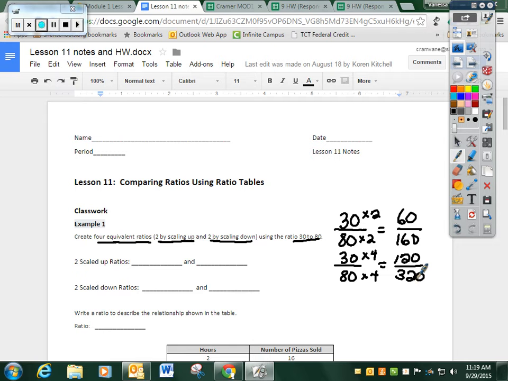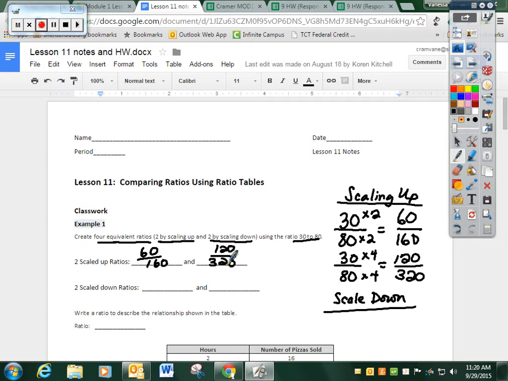Now, instead of scaling up, and I should probably label my notes, I'm going to scale down. I should probably write my answers. 60 over 160, 120 over 320.